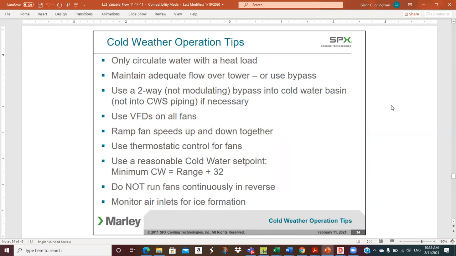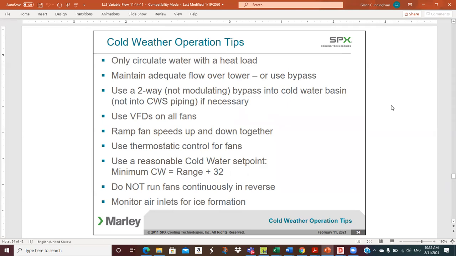A bypass is piping where if it's cold enough outside, you may not have to run the fan at all, or you may be able to put just a portion of the flow and just let it fall through the tower, and then mix it with the portion that bypasses in order to get adequate cooling. If you're at 0 or -10 or something like that, it's cold enough outside, you may not have to run the fans at all.